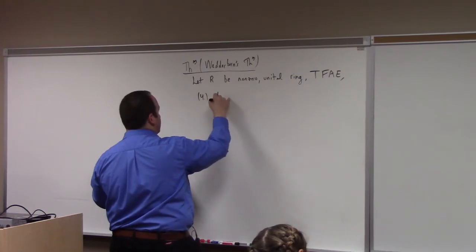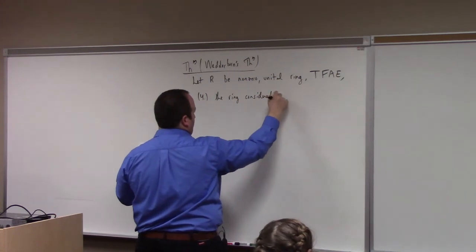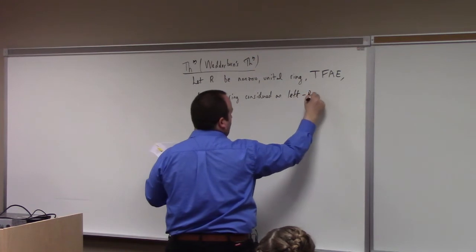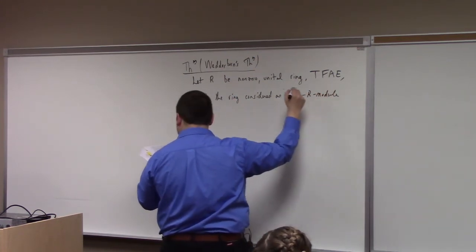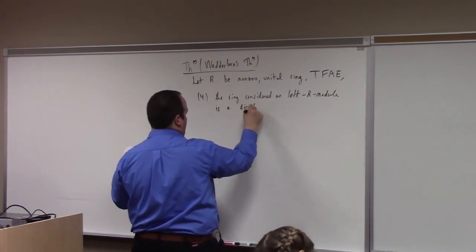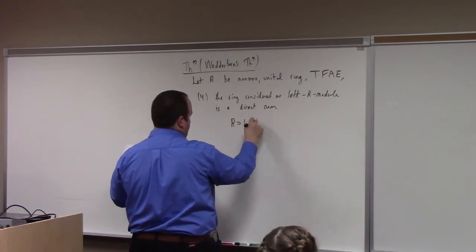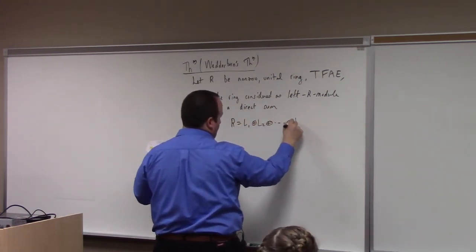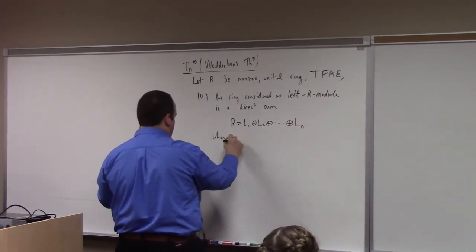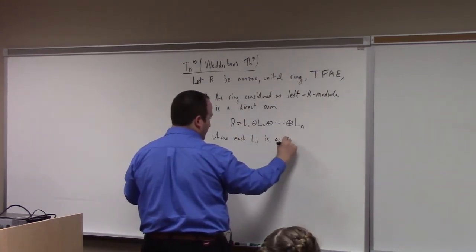The ring considered as a left R-module is a direct sum L1, L2, ..., Ln, where each Li is a simple module.